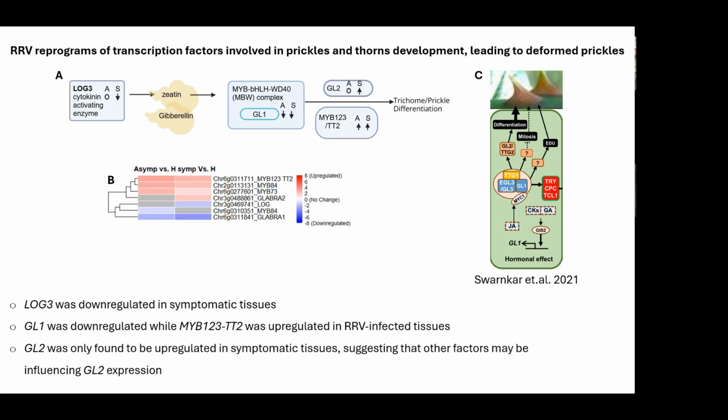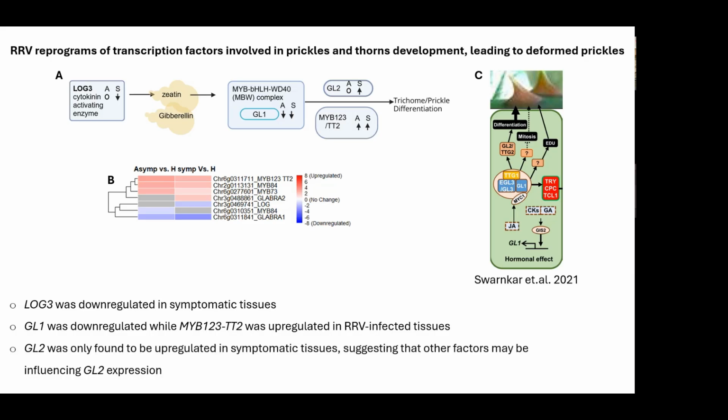But surprisingly, GRBRA1 is the one which activates GRBRA2 and TT2, yet when you look closely, GRBRA2 is upregulated in symptomatic and at normal levels in asymptomatic.